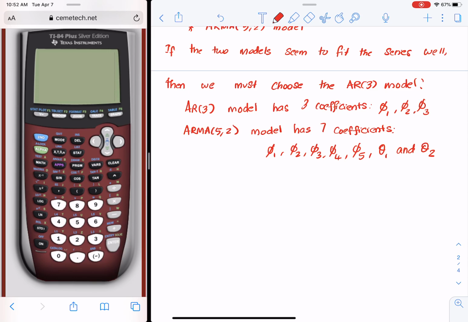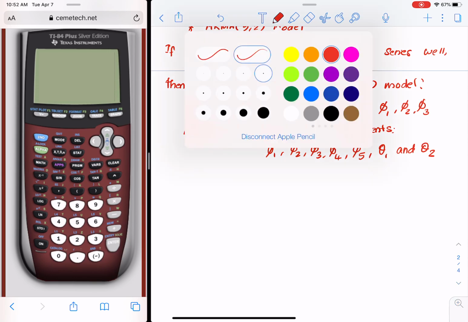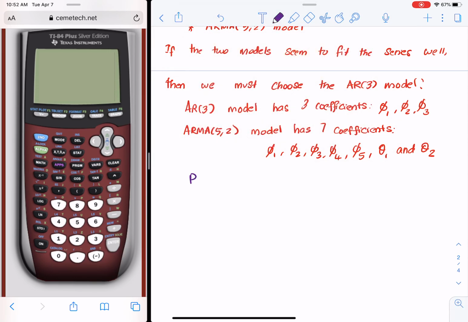So this is where one has to keep in mind the principle of parsimony. Since both models give the same amount of accuracy, there is no need for us to put in more coefficients.